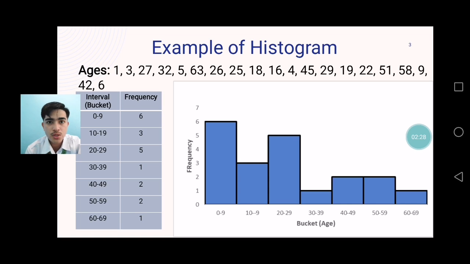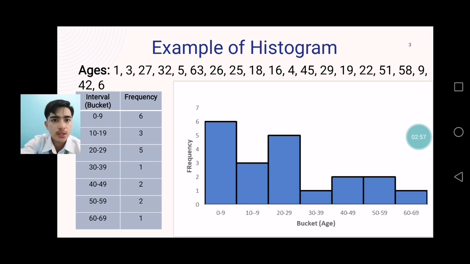For 20 to 29, the individuals or customers whose age belongs to that interval, there are 5: 27, 26, 25, 29, and 22. For 30 to 39, there is only 1.